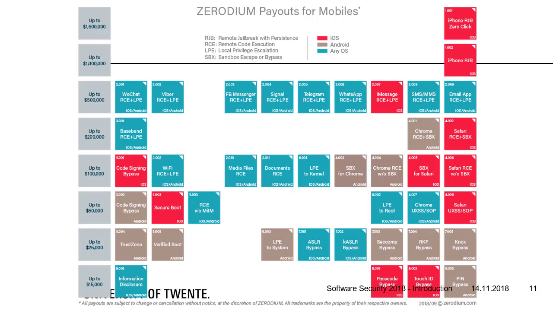So those are the prices that are currently being paid for bugs in popular operating systems. And for other things, so for example, when you find a bug in Facebook Messenger that allows you to take over your conversation partner's phone, then you get just $500,000 US.